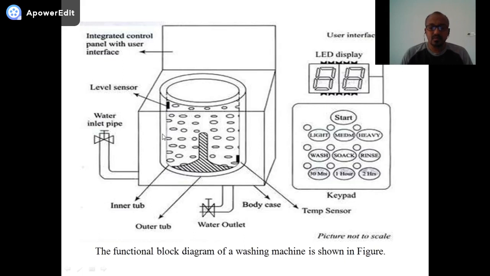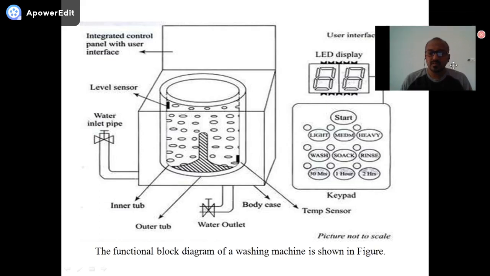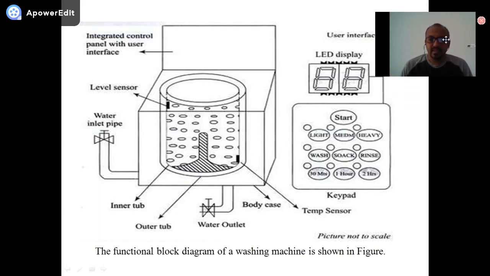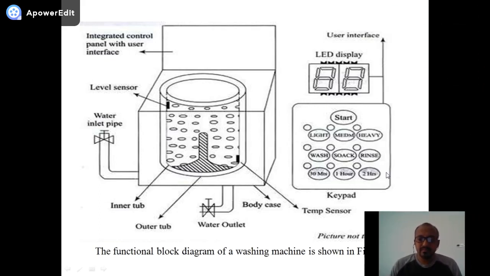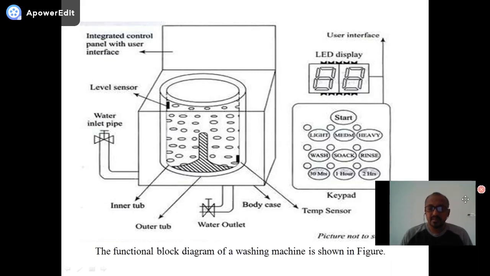Apart from this, an integrated control panel is provided for the user of this washing machine, as the user interface, and that user interface has an LED display and a keypad.